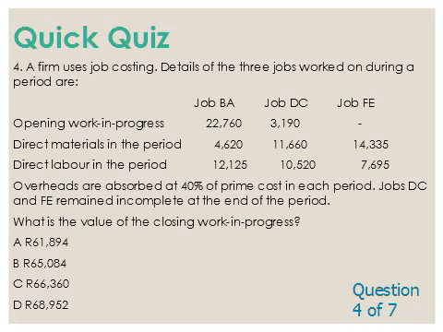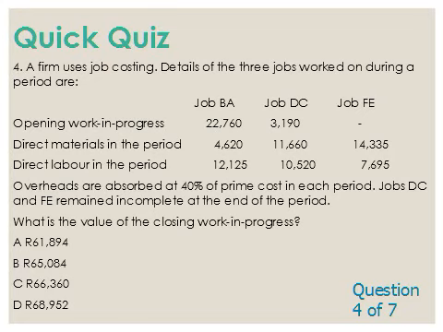For job FE, there was no opening work in progress, the direct materials in the period is 14,335 rands, and the direct labor in the period is 7,695 rands. Overheads are absorbed at 40% of prime cost in each period. Jobs DC and FE remained incomplete at the end of the period. What is the value of the closing work in progress?